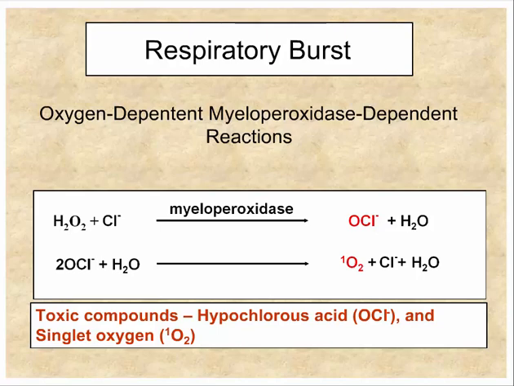What myeloperoxidase does is catalyze the formation of hypochlorous acid from the hydrogen peroxide and chloride ion. And of course, this is nothing else but bleach. That's what our common household bleach is. And bleach is, again, very toxic to bacteria, and so they get killed by this hypochlorous acid.